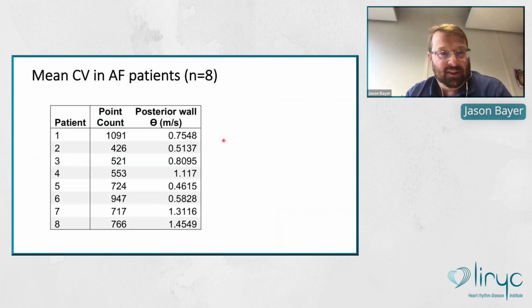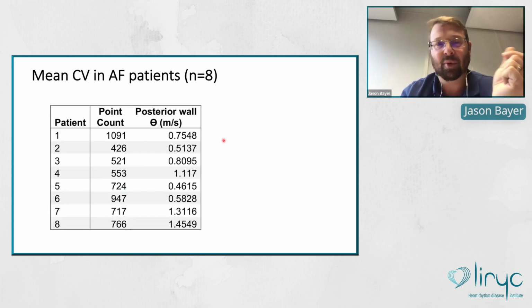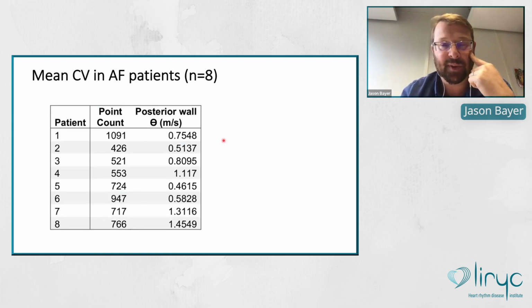And then the last part was they wanted to verify that the conduction velocities were within the range that the patients would have. So in 8 of the 37 patients, they have conduction velocities that they measured using that systematic approach where they measured at several different points within the left atrium.